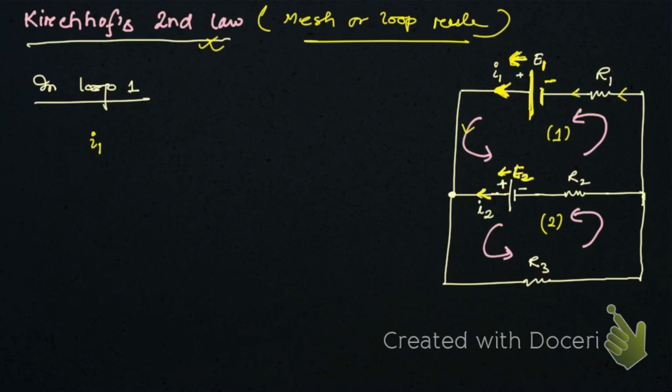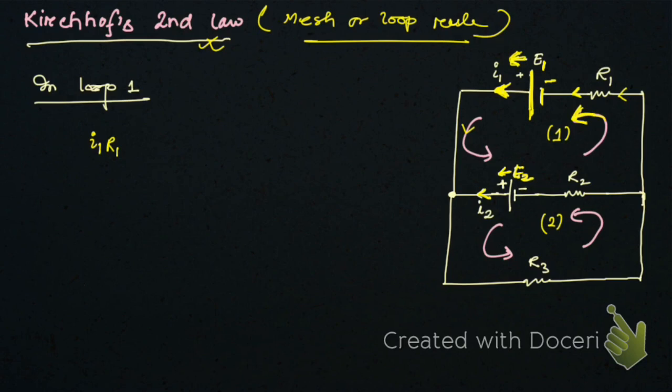This is the I1 current, R1. So here you can see the product of the resistance R1 and current I1, right? The current is in the direction of the path that we have chosen, so then the product of resistance and current through it is positive, right? We have to consider that way.